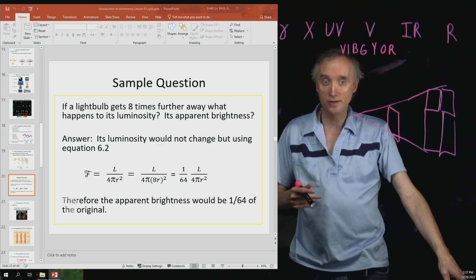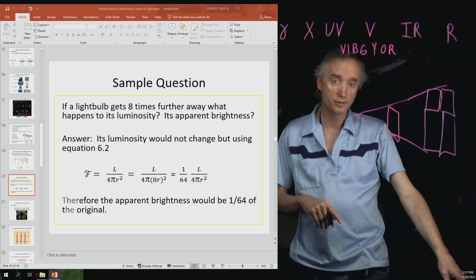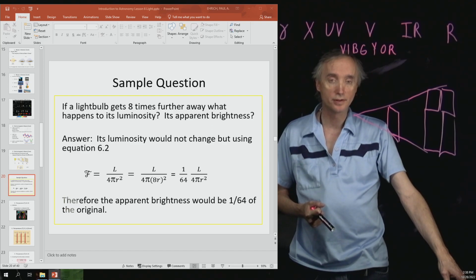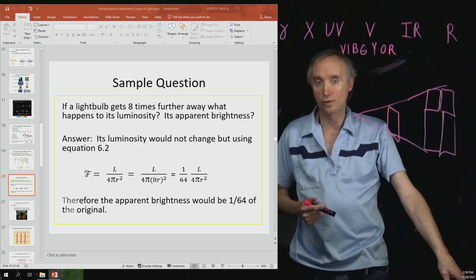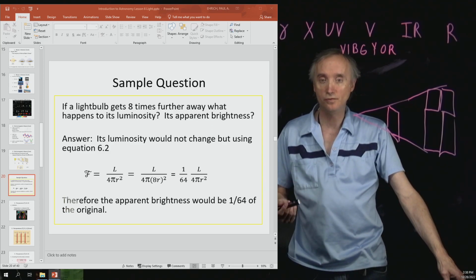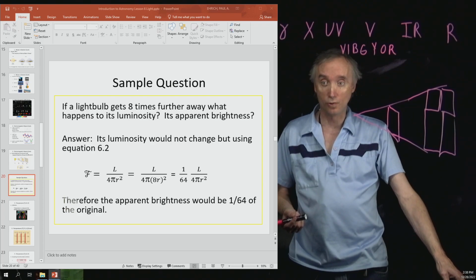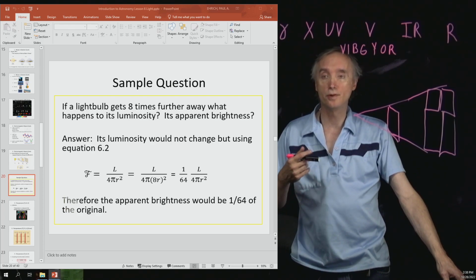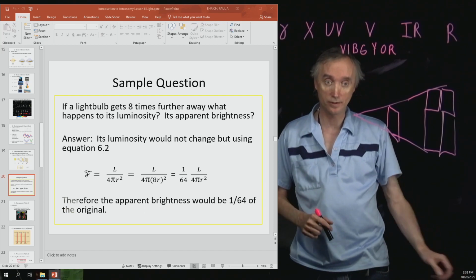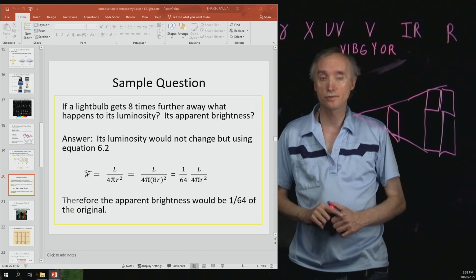Well, we said it varies as 1 over r squared. So you need to take the r, which is 8, and square it. That would be 64. So you could say that the light bulb gets 64 times dimmer, or you could say that the brightness is 1/64th of what it used to be. Either of those two answers would be okay.